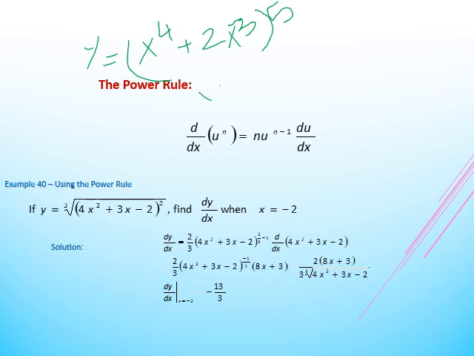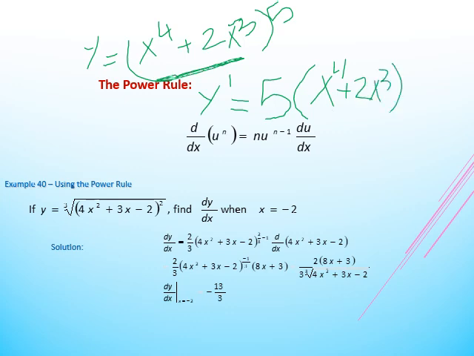Here, we differentiate it by bringing down the 5, like the basic rule, times all that is inside the brackets without any change, x to the power 4 plus 2x to the power 3, times the derivative of the inside, which is 4x to the power 3 plus 6x squared.